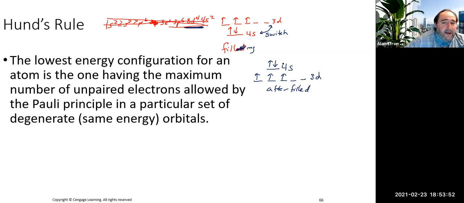This is also why, when we get to transition metals, they lose electrons a little bit differently.